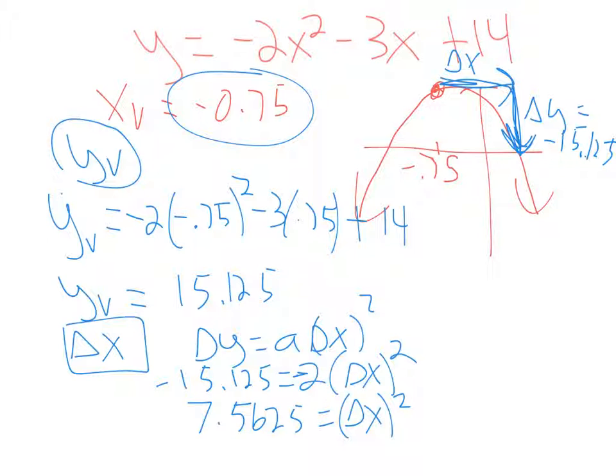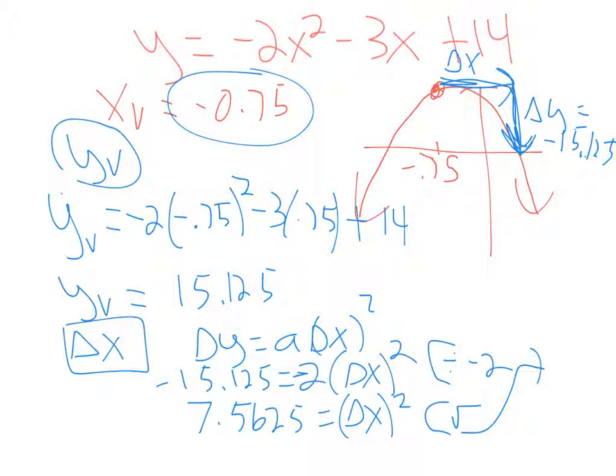Oh, by the way, that was divided by negative 2. Now we need to square root. I need to get the square root of 7.5625, which will be 2.75.